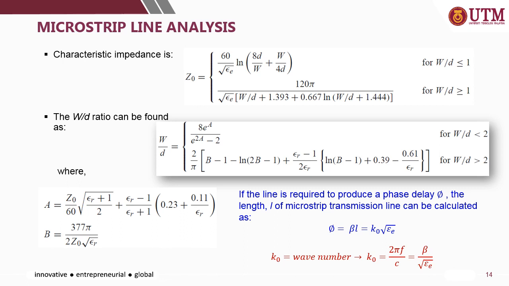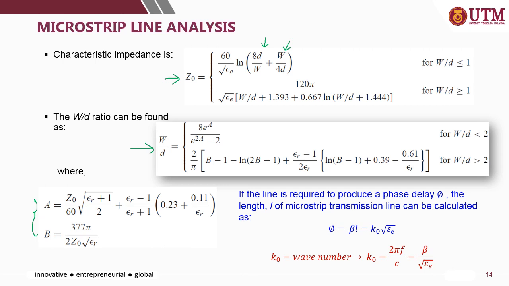Next is the characteristic impedance for microstrip line, which can be estimated by using the following equations, depending on d, the thickness of the substrate, and the width. The ratio of W to d can be estimated by using the following equations, where there are variables a and b, which can be estimated by the following equation.